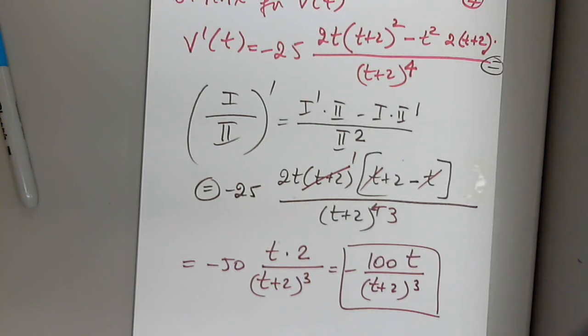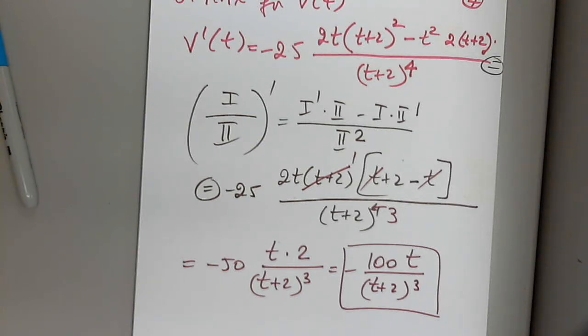Yes, I do. Okay, so we found the derivative, and now we want to find this maximum. It says, find the maximum value of the inventory over the interval 0 to infinity. So, of course, this is never undefined on 0 to infinity, because t plus 2 is never 0. That would be negative 2, but that's not in the question here.